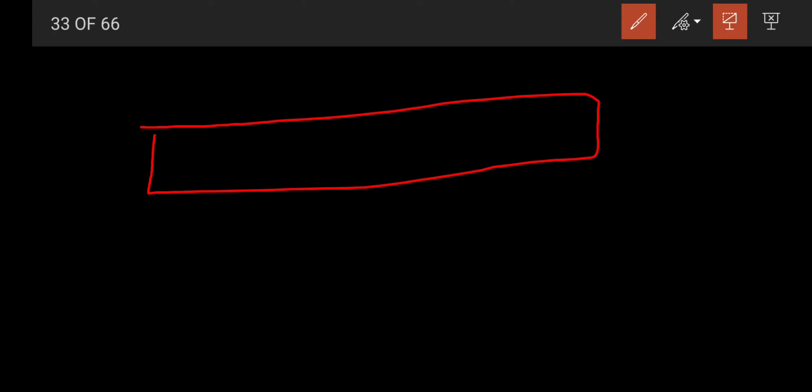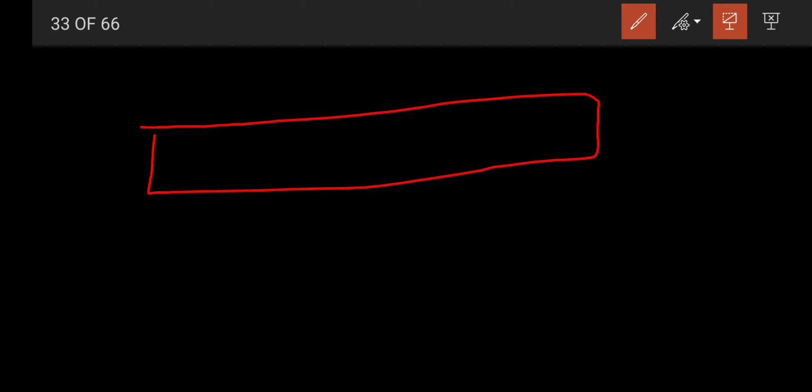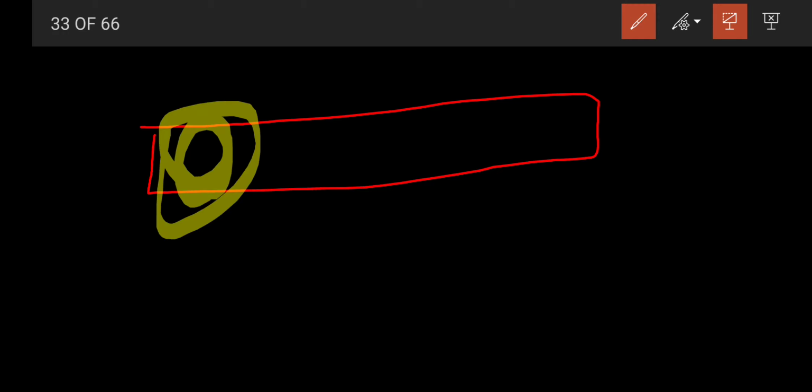Now suppose, how do you solve this? Suppose this is the complete series, and you have only this part. Then I ask, what is the contribution of this part? What will you do?